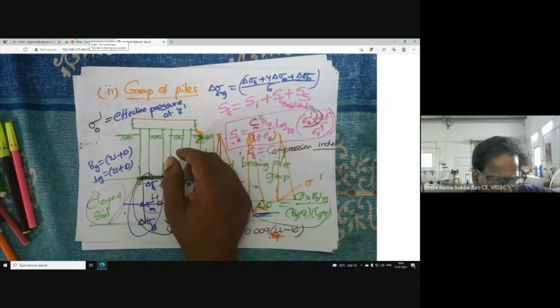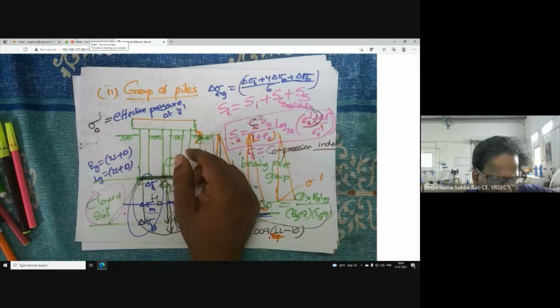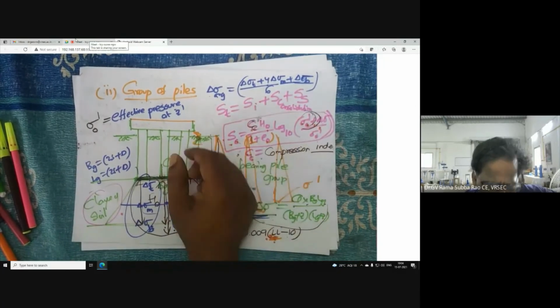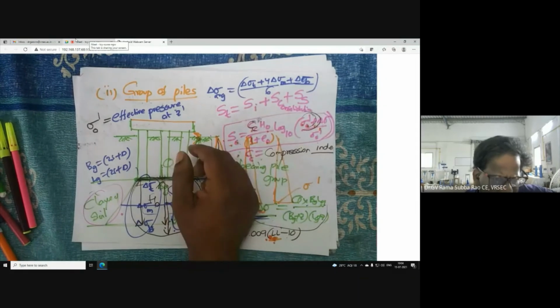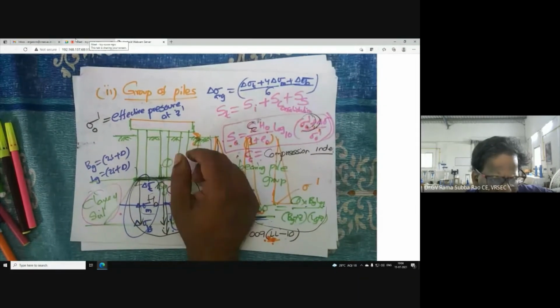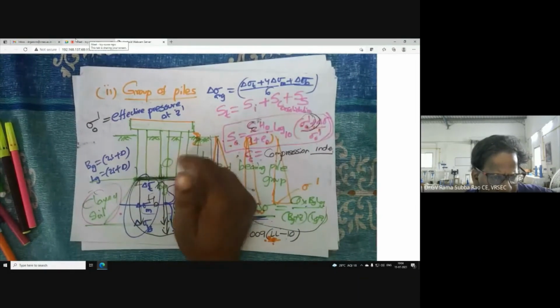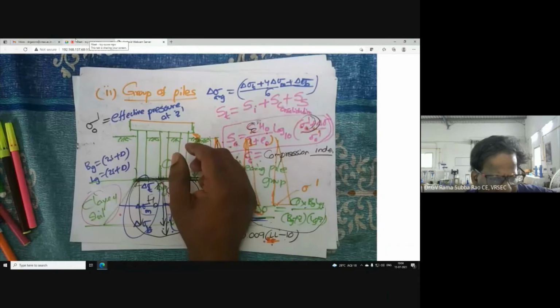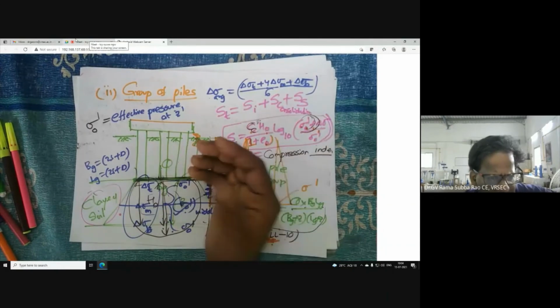You need to develop your own software, or a very popular software used by engineers is RocScience. Settle3D is very popular, or you can use finite element software like FLAC, Fast Lagrangian Analysis of Continua. You can use whatever software, but by the conventional method using an Excel sheet we can also compute.